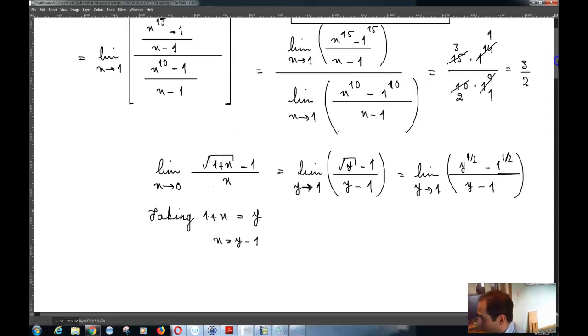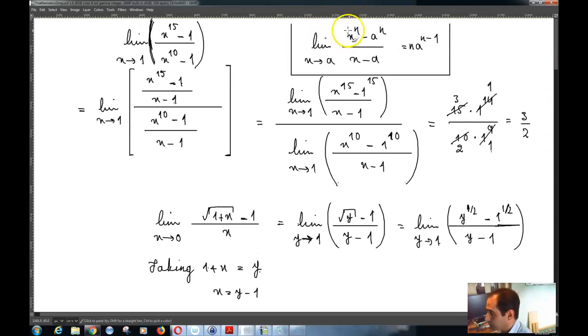The theorem that we had was the limit of x raised to the power n minus a raised to the power n, over x minus a, as x tends to a, is equal to n times a raised to the power n minus 1.